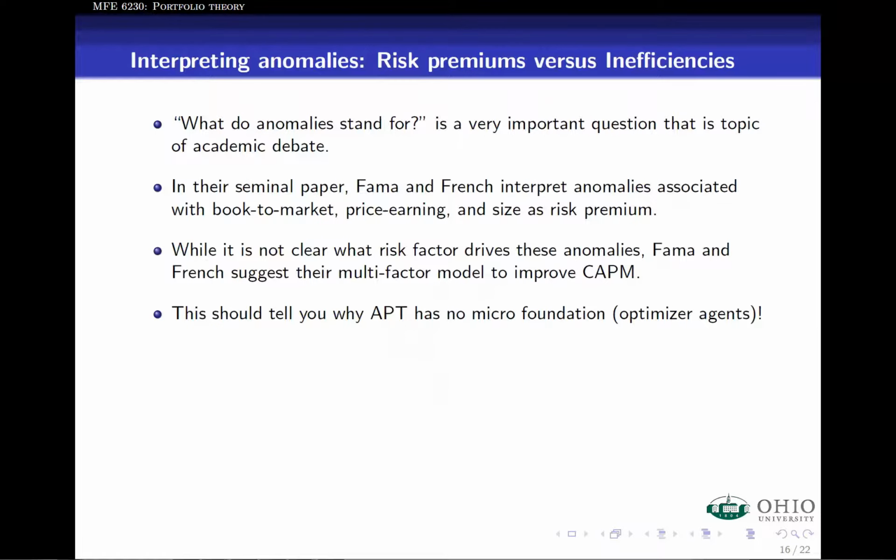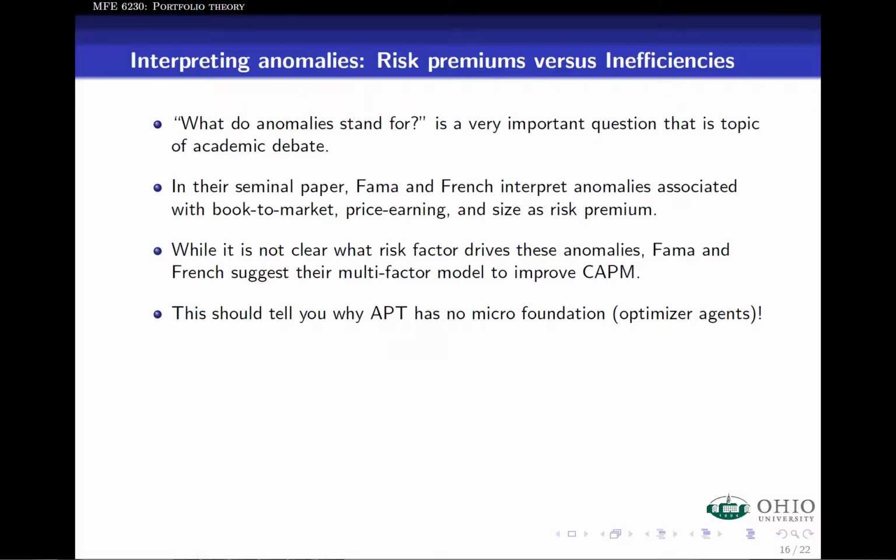Okay, now there are two major ways that researchers interpret these things. So, in essence, the main question is what do these anomalies stand for? Well, we have two schools, as I said.